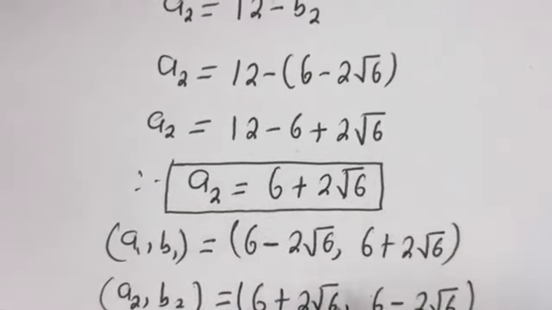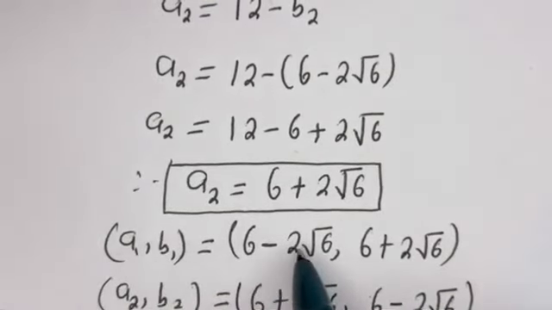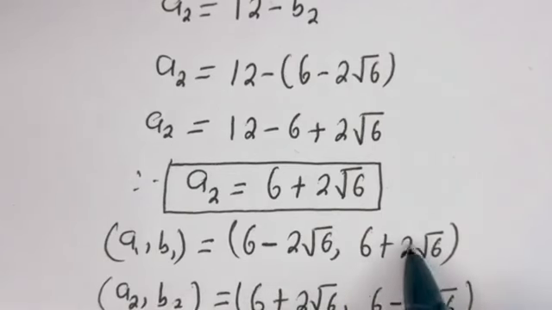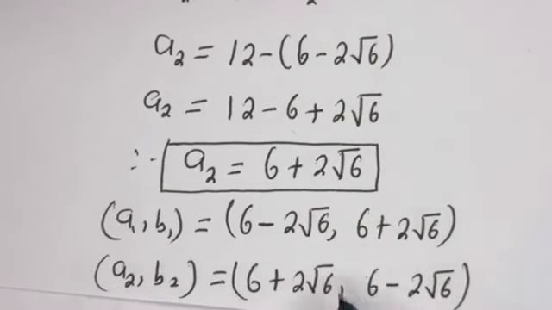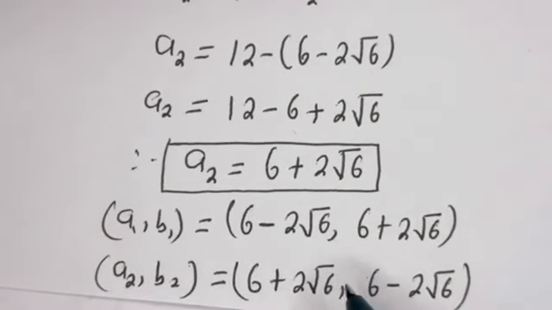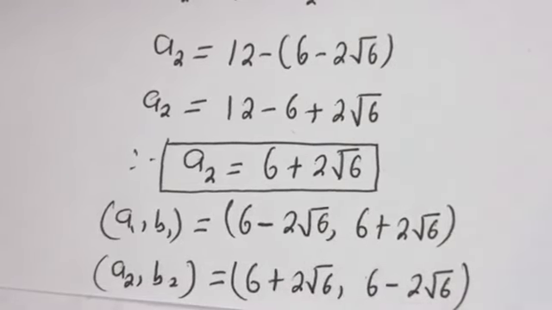We can see that A1 here is B2 here, and A2 here is B1 here. So this is the final answer. We can check to confirm if this answer is right or wrong. Let's check.